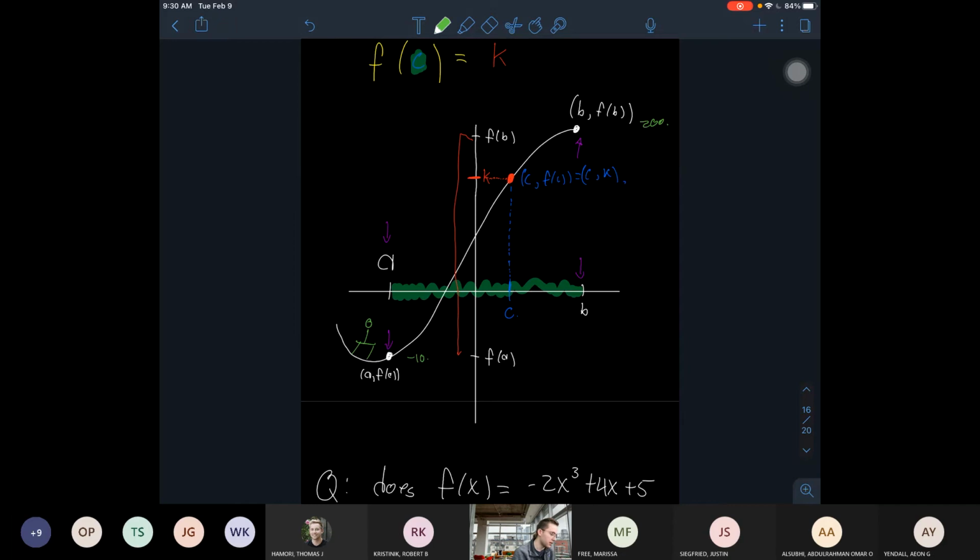It's just that if you start at some small value and you go up, up, up, up, up, then you have to hit every possible height in between those 2 points.